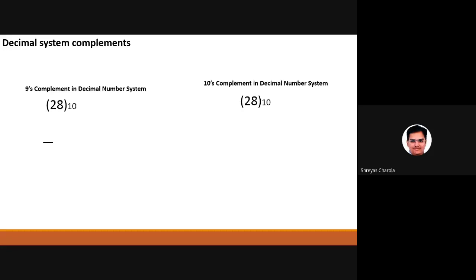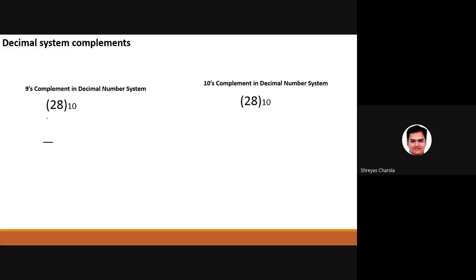I don't want the ones and twos. What should be the 9s and 10s complement?